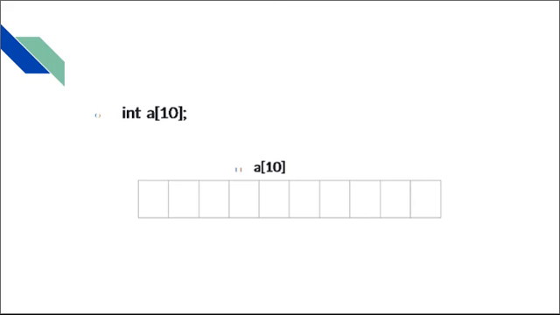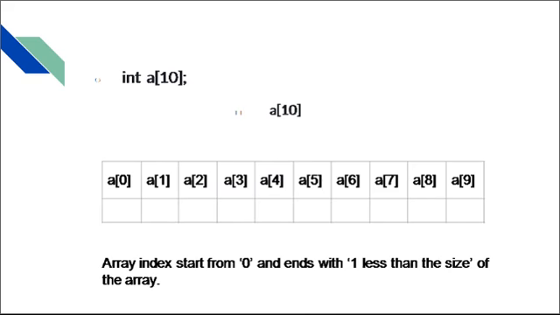So, this location is divided into 10 parts internally. The name of the first location is A0. Second location is A1. Third location is A2 and so on. The name of the last location is A9.